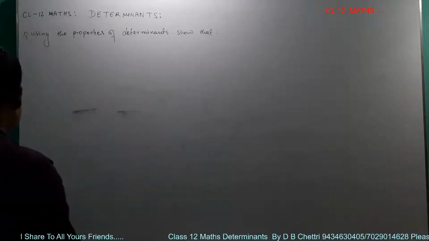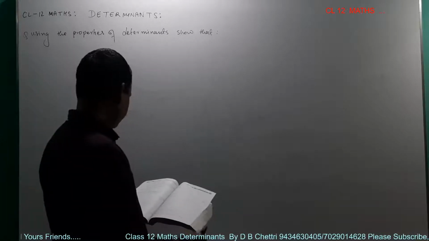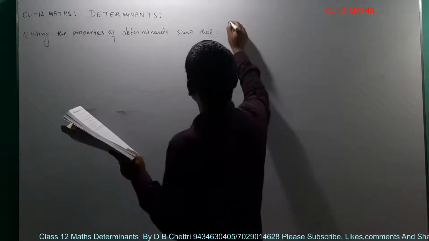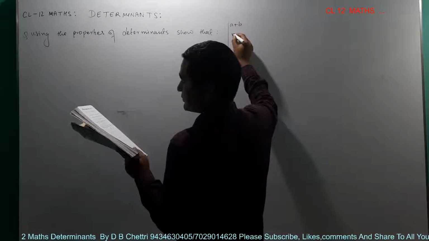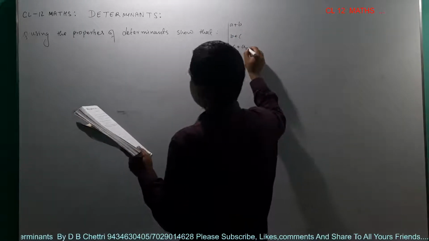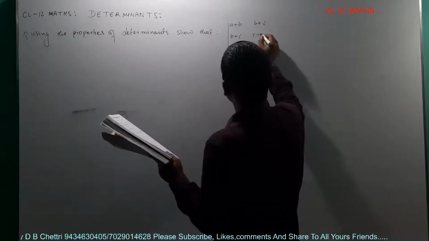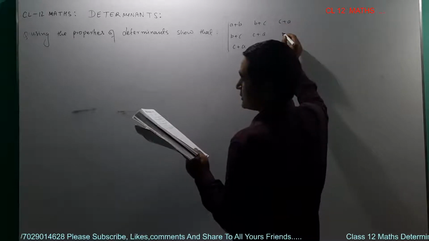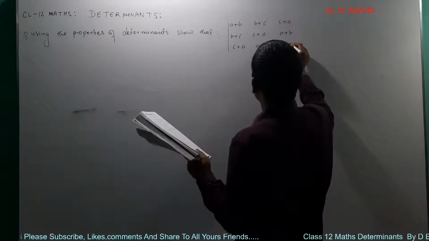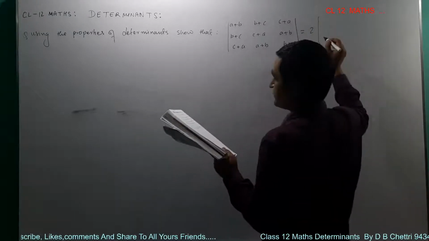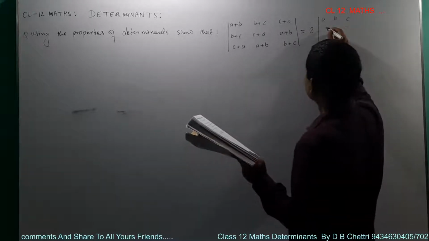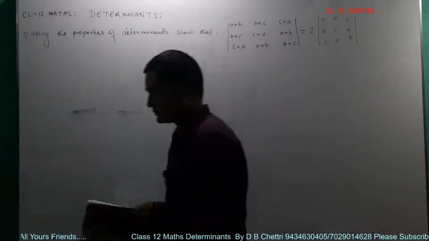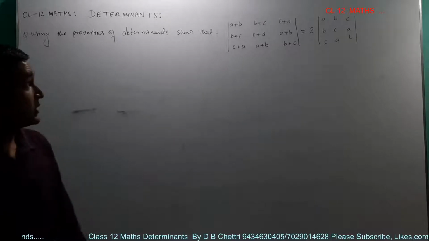Now let me see one more question. The determinant with rows A plus B, A plus B, B plus C, C plus A, B plus C, C plus A plus B, B plus C equals 2 times the determinant with rows A B C, B C A, C A B. There are also two ways to get that right hand side.